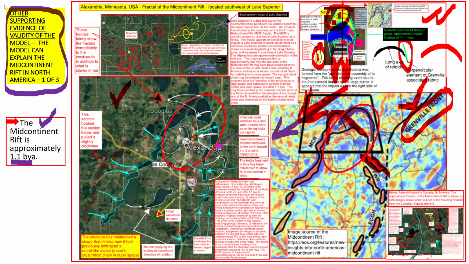I think that's because it found a weak spot in the North America refold. So that's where the fabric went in, and the weak spots are associated with the main fabric of the refolding, which is in that same shape. You can see all those shapes there. And that does happen where it goes. It could be that the perpendicular one is associated with the actual impact, and then you have this one that's along the fabric or borders or subfabric.